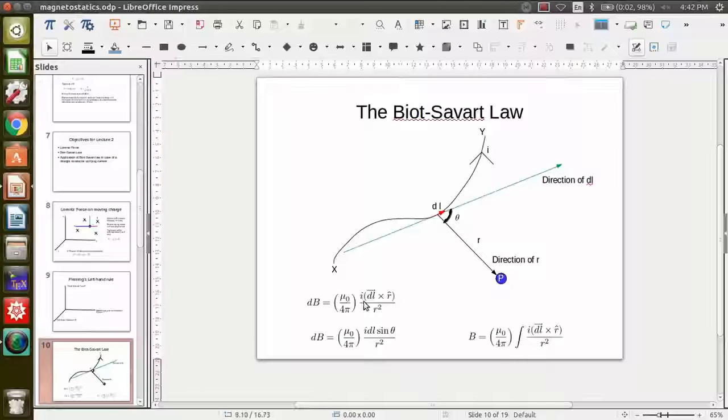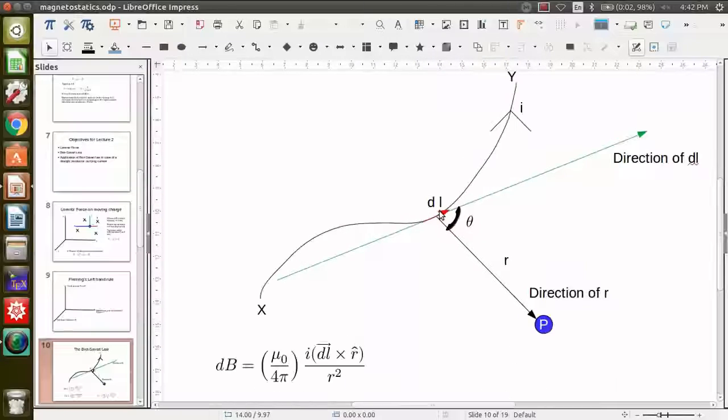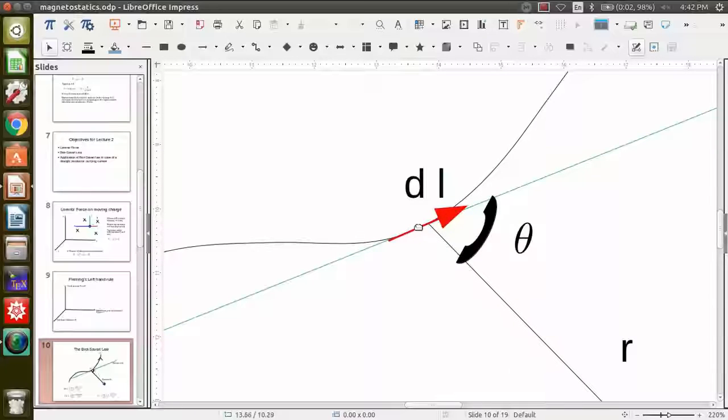The direction is given by, as you can already know from your right hand grip rule, the direction will be pointing downwards. The total magnetic field is given by a cross product of dl. This is dl. If you consider a small line element, always take the direction of the line element towards the direction of the current.